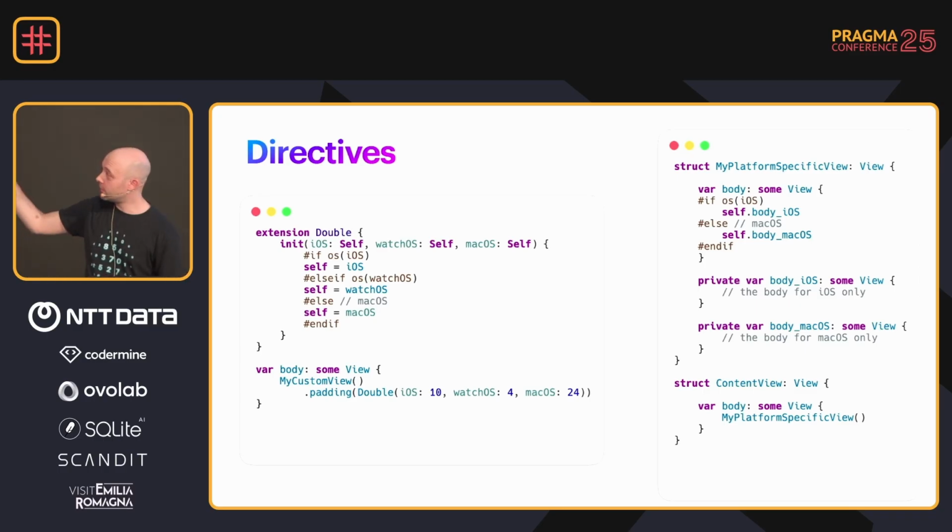In the code example, you can see that you can have a specific view based on the platform. If iOS, show this body; else if macOS or whatever it is, show this other body. I try not to use that. I actually don't use that because, as I said before, I'm lazy, and I don't want to have multiple views per platform. But you might need to, so you can do that.